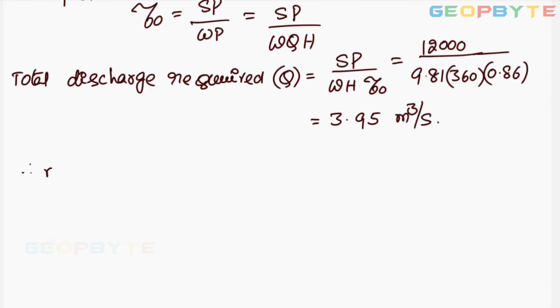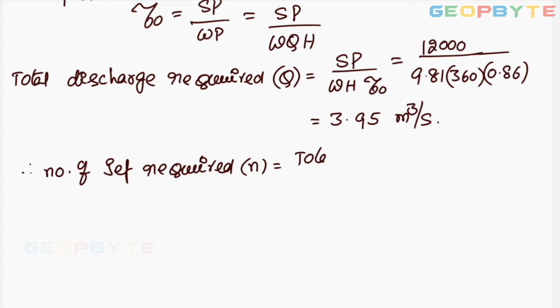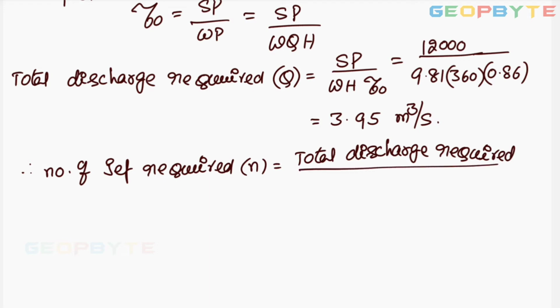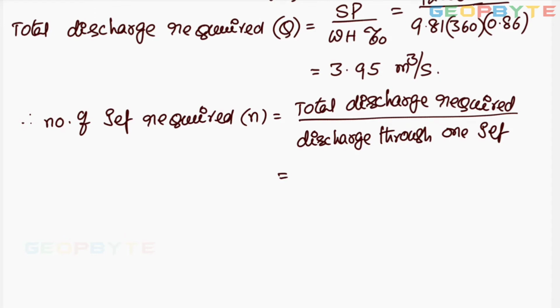Therefore, number of jets required, N, equal to total discharge required divided by discharge through one jet. Total discharge required is 3.95.